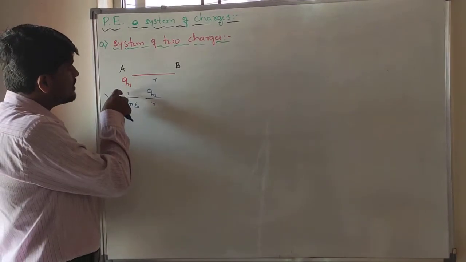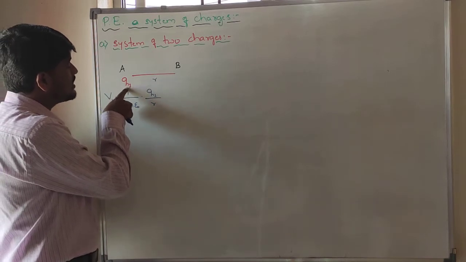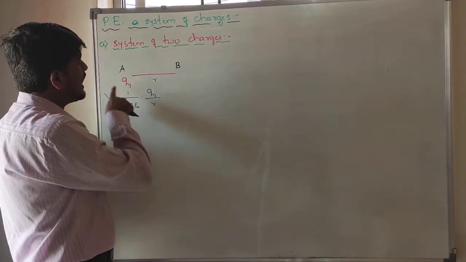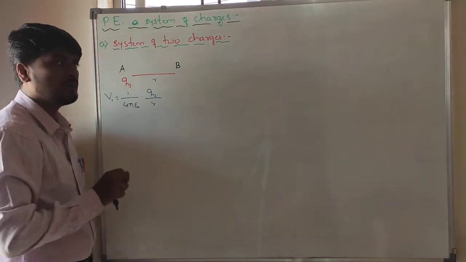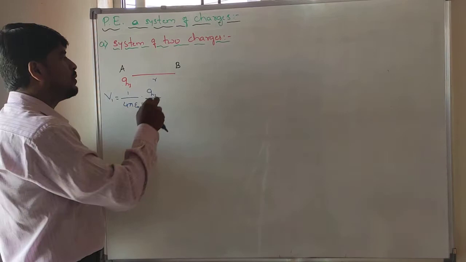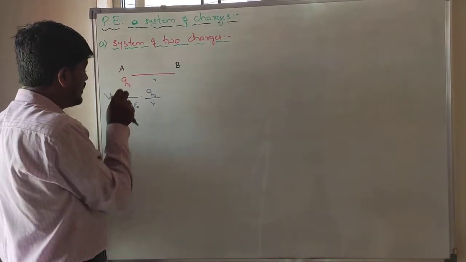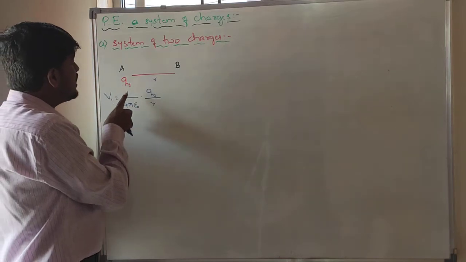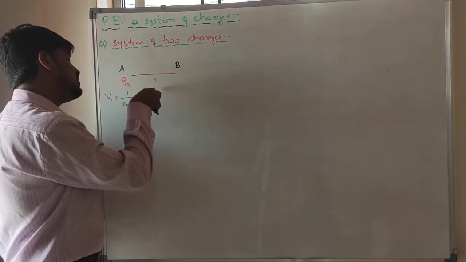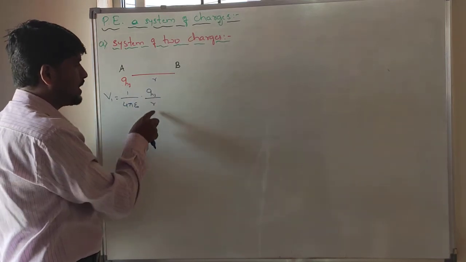Now I place a point charge Q1, and it produces the electric field around it. At the same time, it also produces the potential around it. Now I am interested in calculating the potential at point B due to the charge Q1 at a distance of R. Then the potential at point B due to the charge Q1 is given by V1 is equal to 1 by 4 pi epsilon naught Q1 by R.